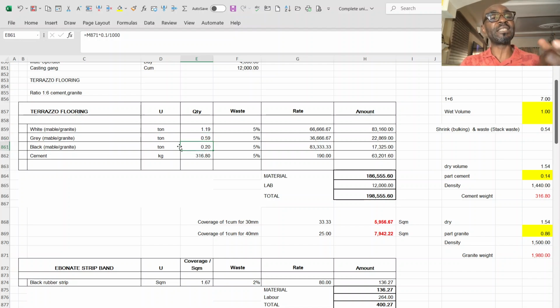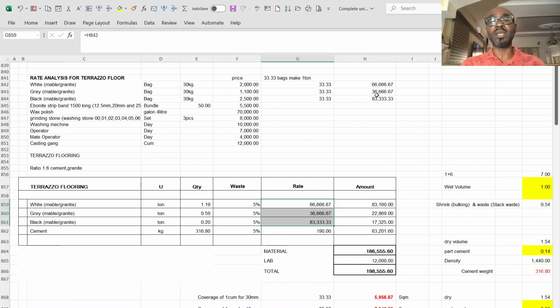Then for the black, he needs 10% of the 1,980 kg. If you sum the 3 shades of granite in this mix, you are going to have the same 1.9 ton. Then the cement, we have 316.8 kg, which is reflecting here. And the cost per kg is 1,890 naira per kg. Why these figures? We all knew where it came from.